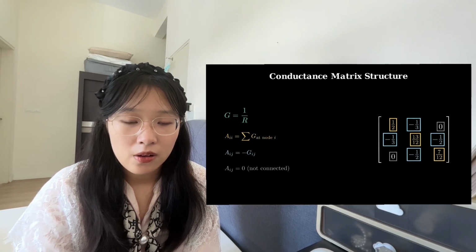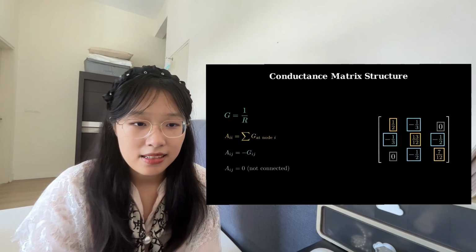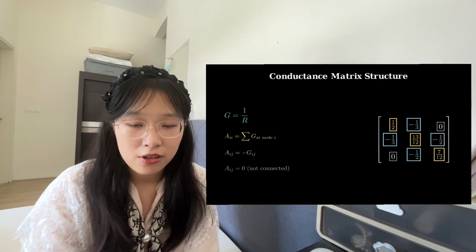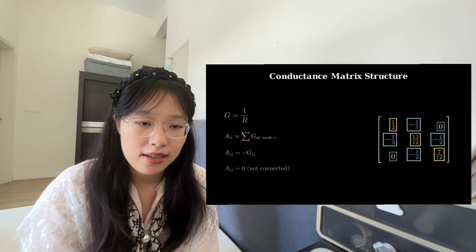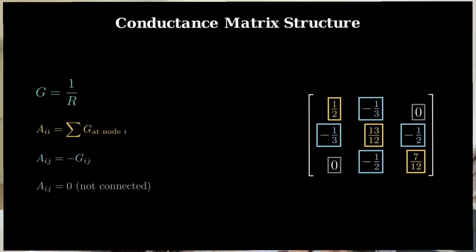For an off-diagonal entry Aij, if node i and node j are connected by a resistor, then Aij equals negative Gij. If node i and node j are not directly connected, then Aij equals 0. This explains why the matrix has positive diagonal entries, negative off-diagonal entries, and zero entries. The matrix pattern directly represents the circuit topology.